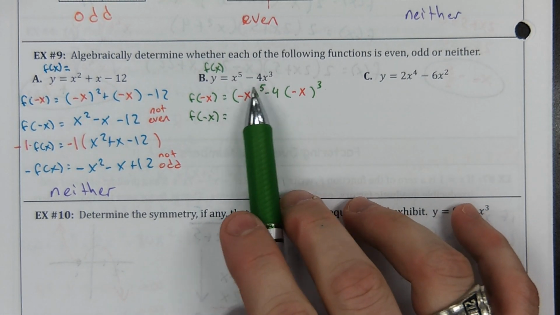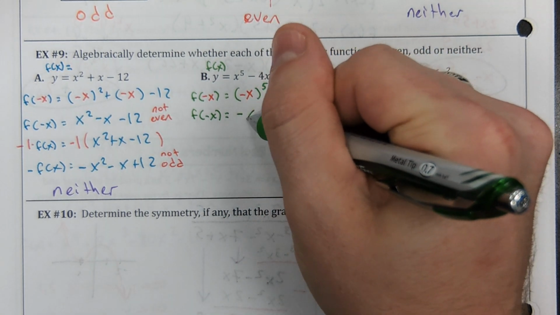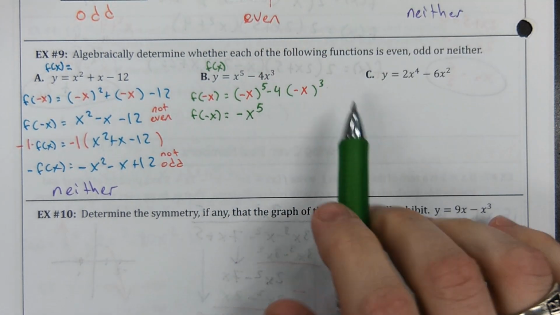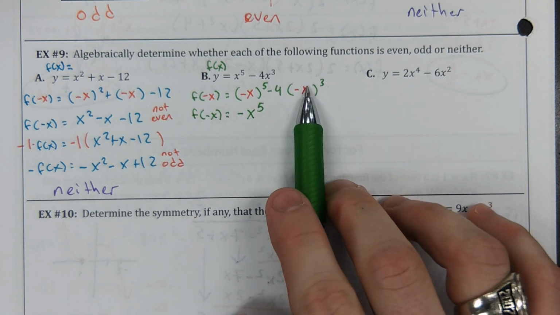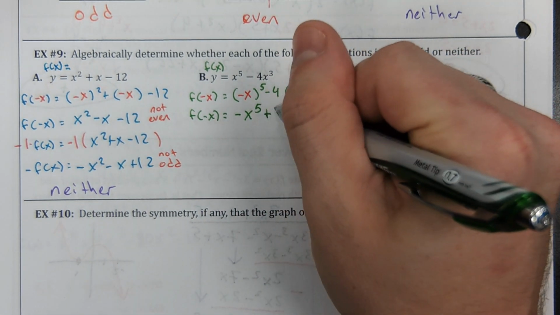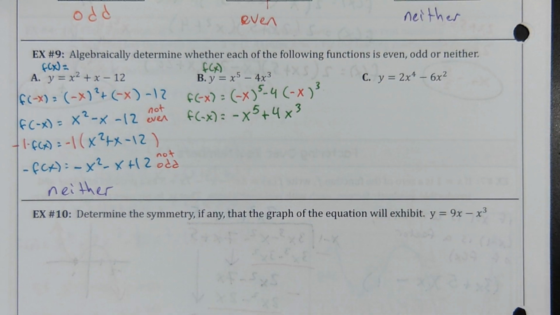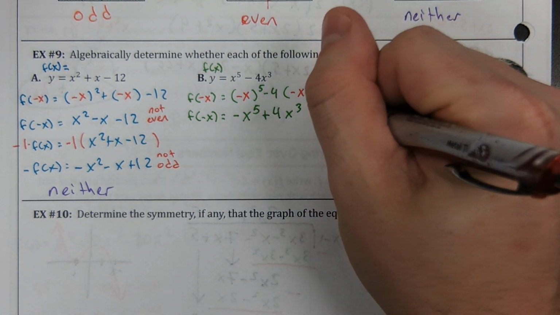An odd number of negatives is always going to get me a negative result. An odd number of negatives will get me a negative result. And if I multiply two negatives, I get a positive here. Clearly not the same as f of x. So not even.